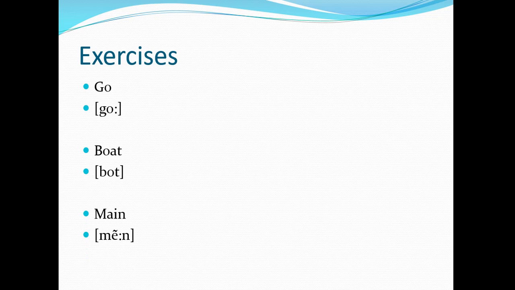Remember, the nasalization rule, because we have a nasal sound after the vowel. So we need to apply two rules here. The nasalization rule, symbolized with a diacritic mark, and also the vowel length rule symbolized with a colon here after the vowel. So this is rule number 4.